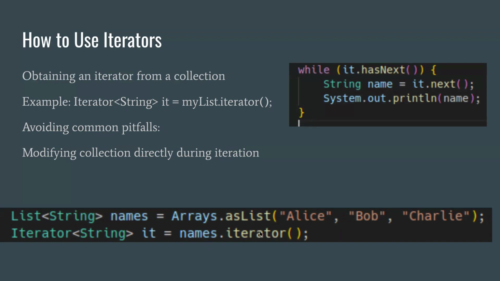And then once you have the iterator, you can use it in a while loop like in this example, and you can traverse through the list. And this method ensures that you can inspect or manipulate elements safely without modifying the collection directly, which might otherwise lead to runtime errors.